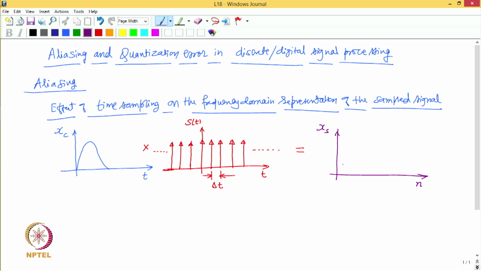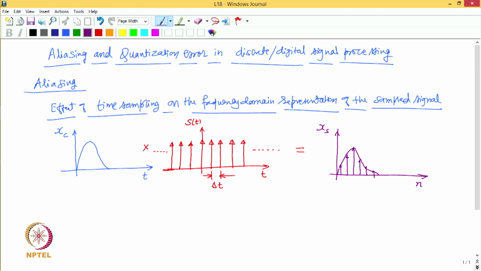So, here basically the signal s of t will be modulated by the continuous signal. The amplitude of xc modulates this signal, and this signal will be of this form, like this. So, this is nothing but a sampled signal.